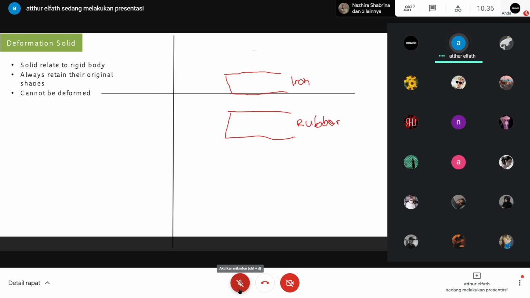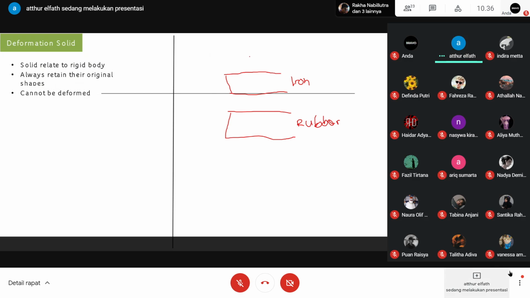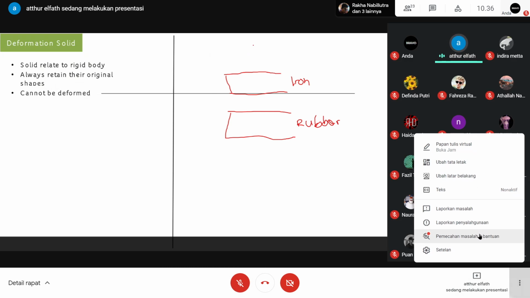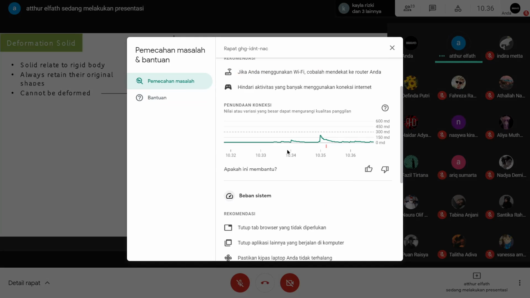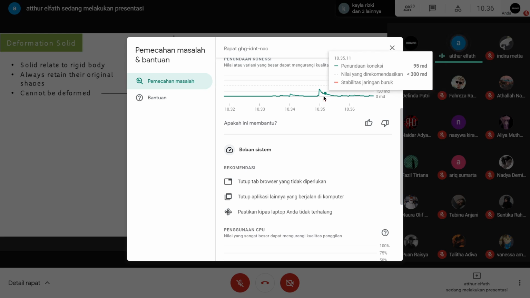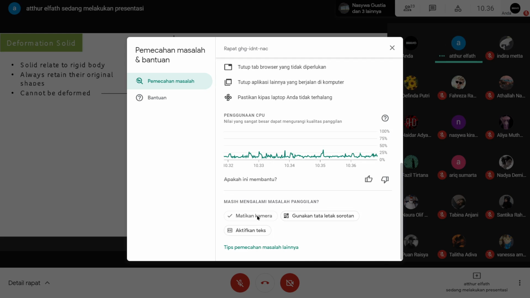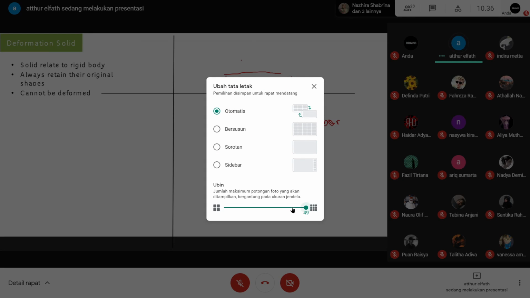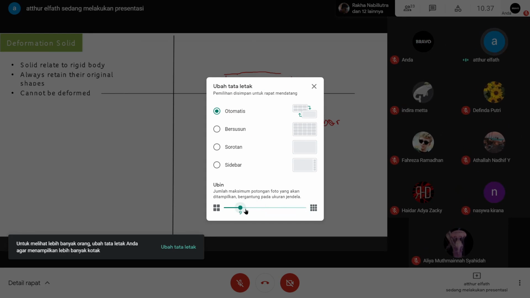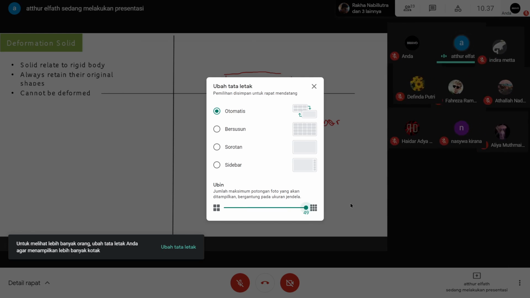Now if we talk about the iron, if you want to break or maybe destroy this iron, you need much power. Maybe you need a hammer, or maybe you need a drill, in order to make the iron break.